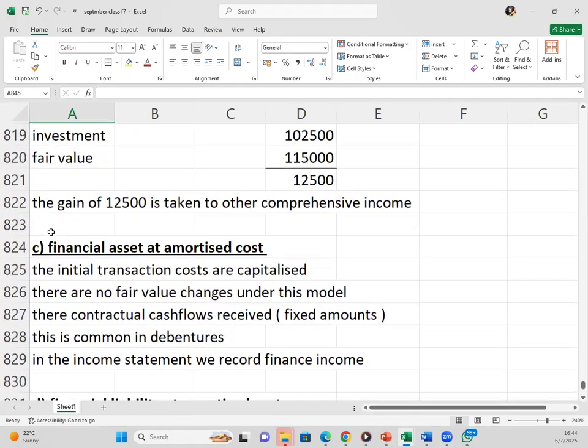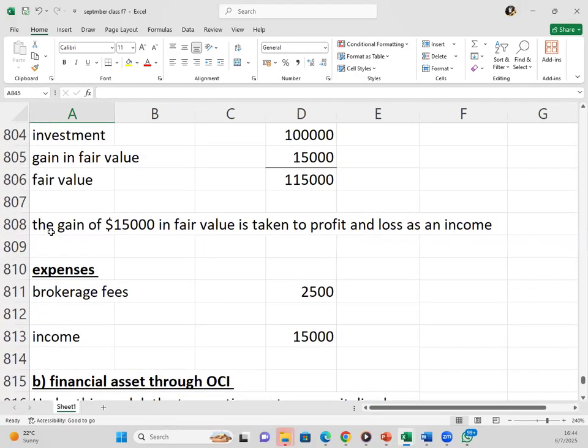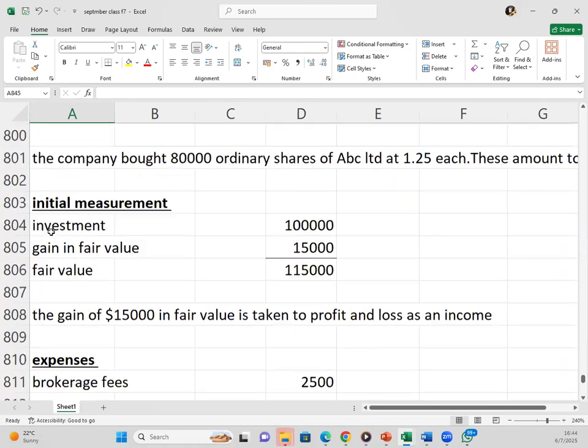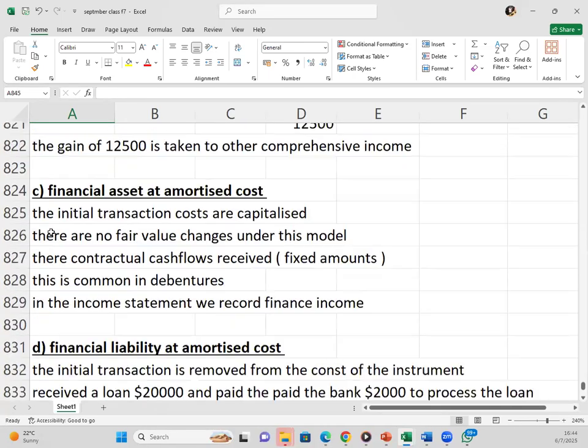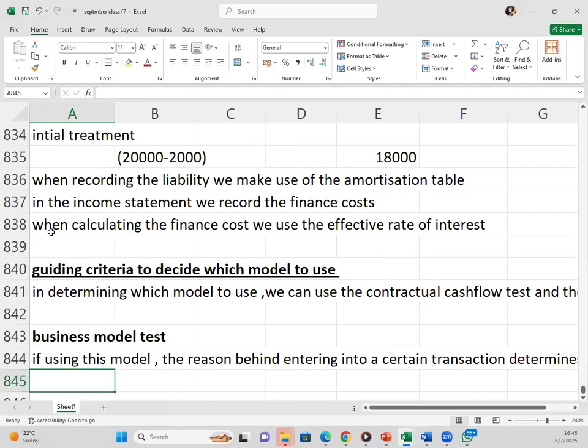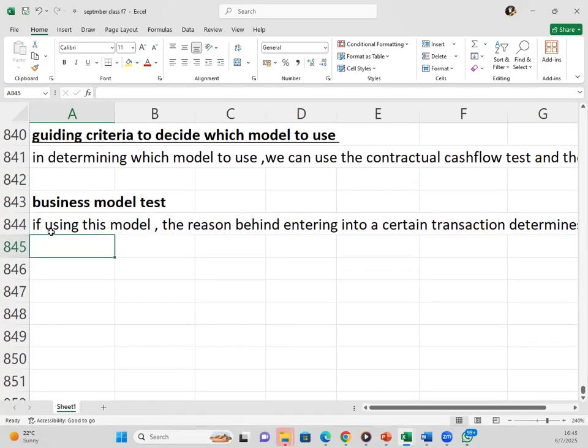So if we bought the asset with the intention of keeping it for a long time, remember investment is an asset. If you make an investment, you bought these shares and you are planning to have them for a long time, then your intention is to keep the shares. But on the other hand, some can buy shares with the intention of reselling them.